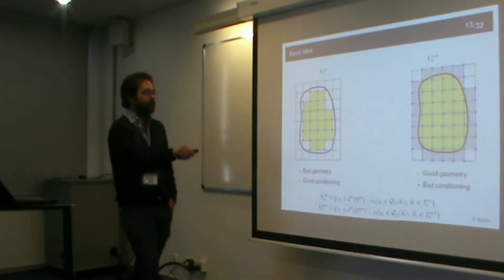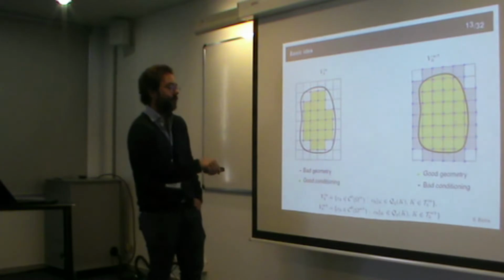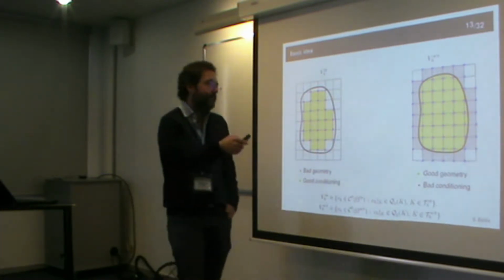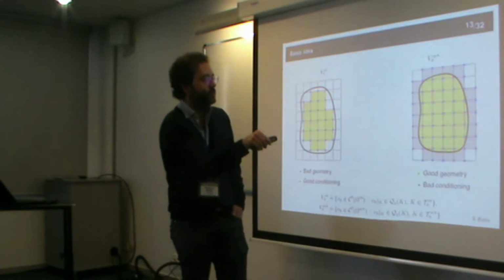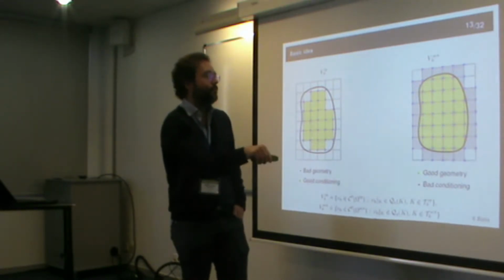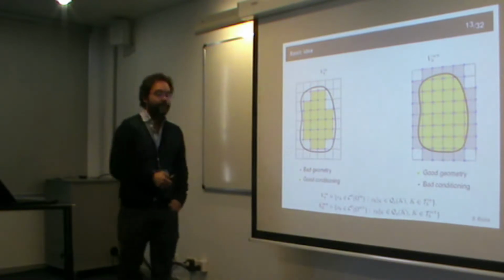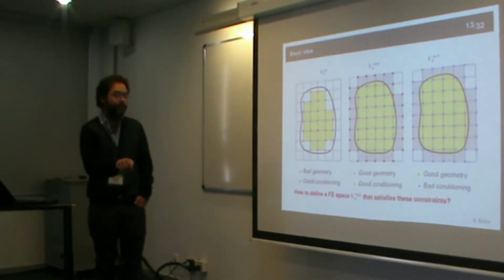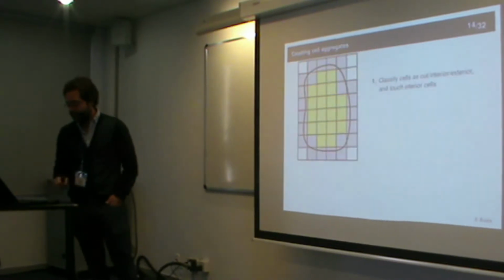So we know that to solve a problem here is good in terms of conditioning, but it's not good in terms of geometry. If we use an unfitted approach, we solve the right geometry somehow, but then the condition number of the system is really bad. So what we wanted to do here is to solve the two issues, to have a good geometry and a good condition.